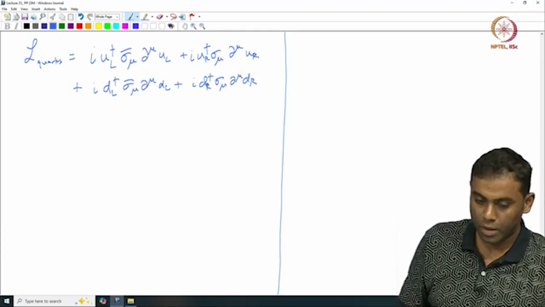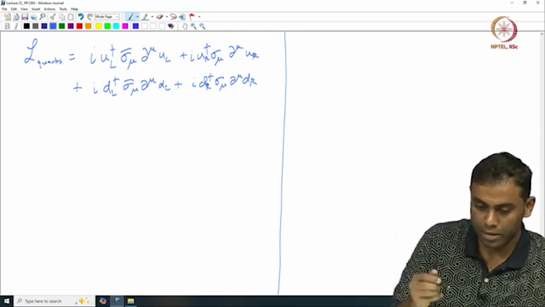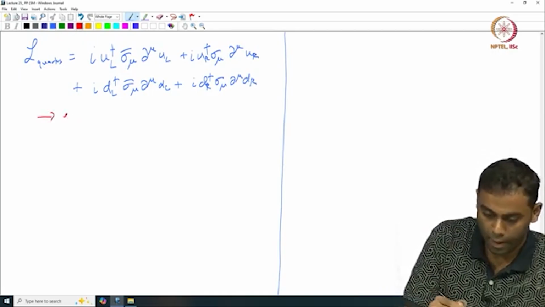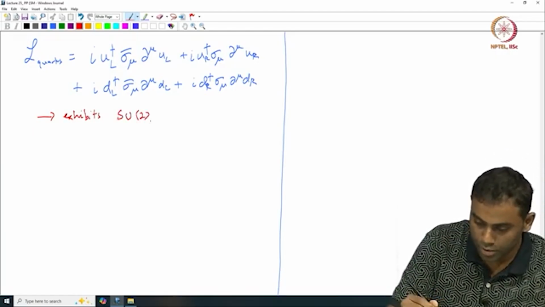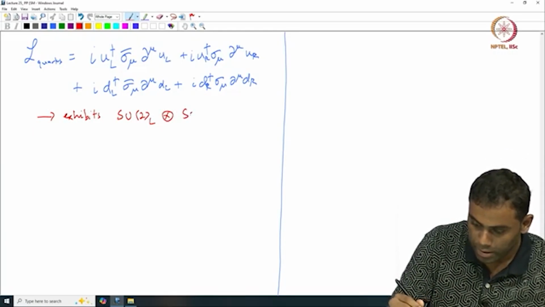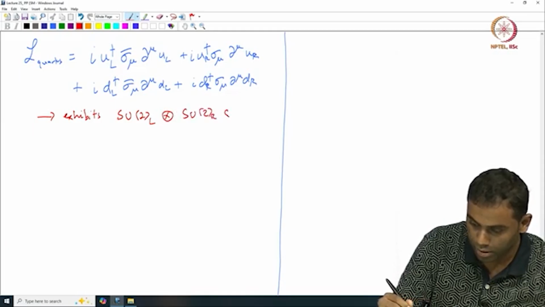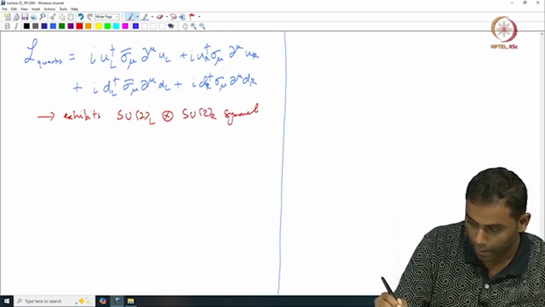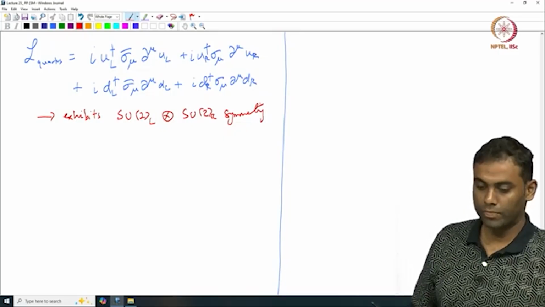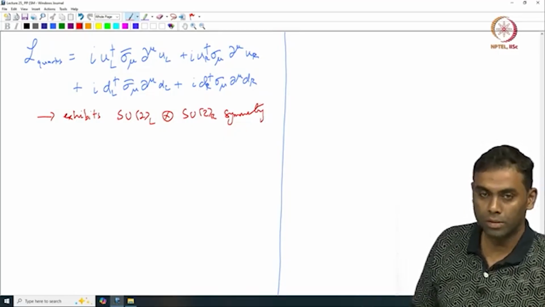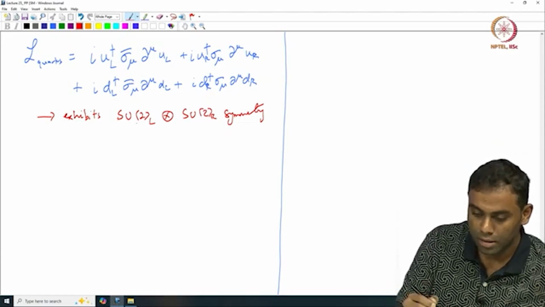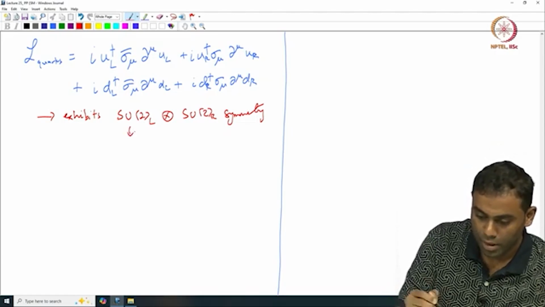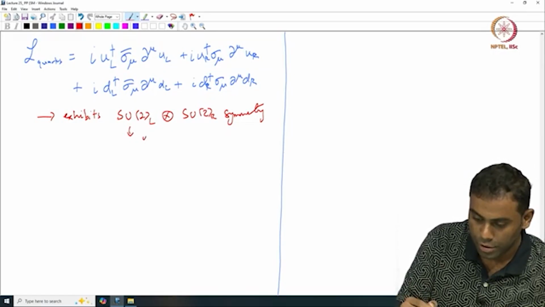Right? Now notice that this exhibits an SU2L times SU2R symmetry. So this is not the Lorentz SU2 cross SU2. This SU2 acts on ULDL.